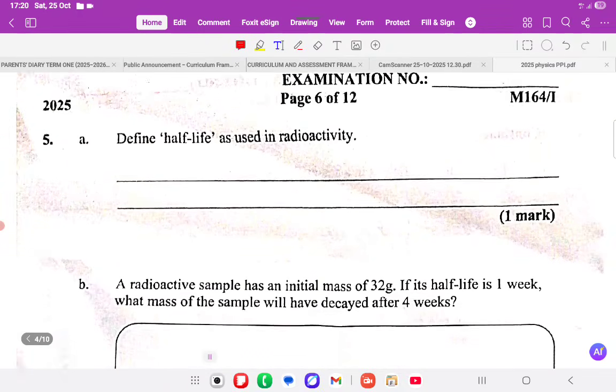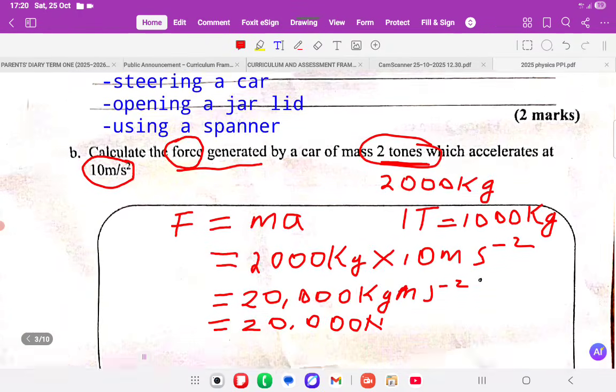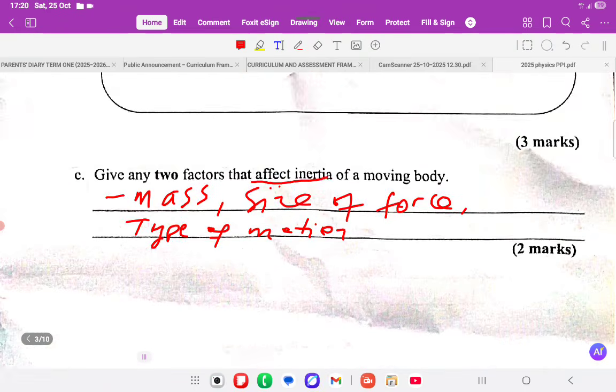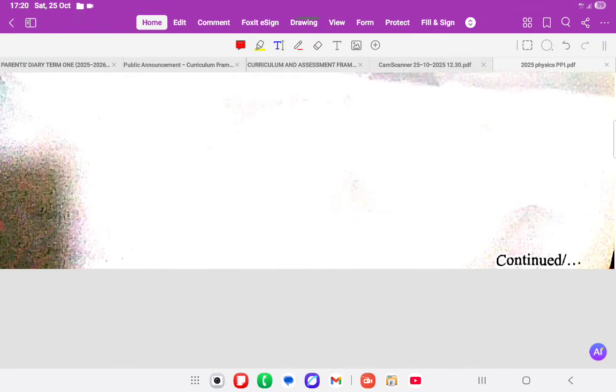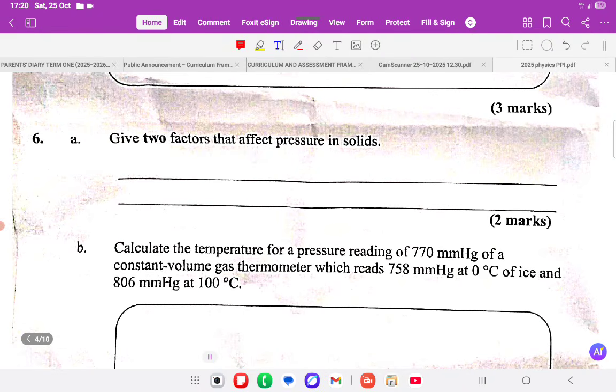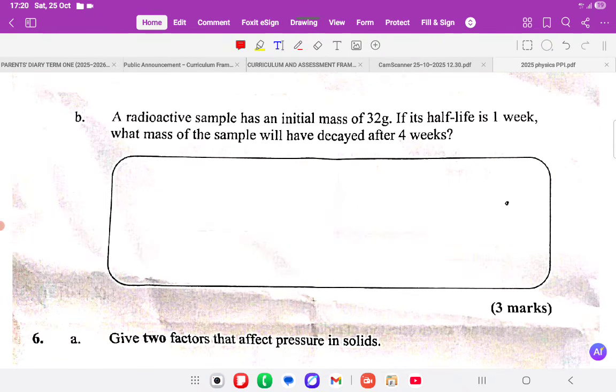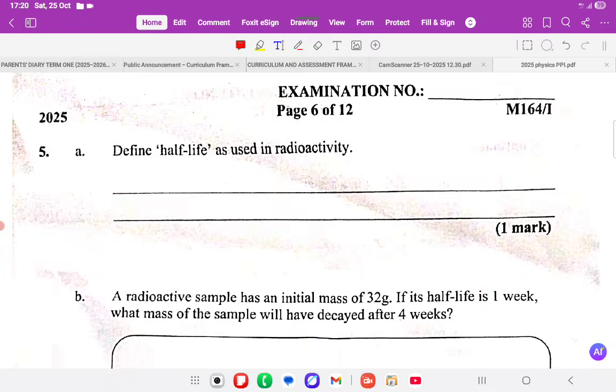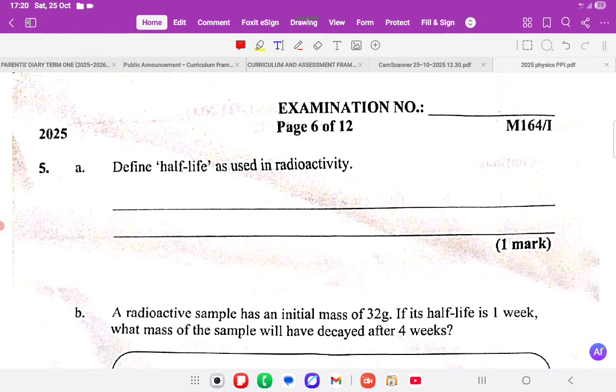All right, let's come to question number... I think this paper is not properly scanned. Okay, let's come to question number 5A.